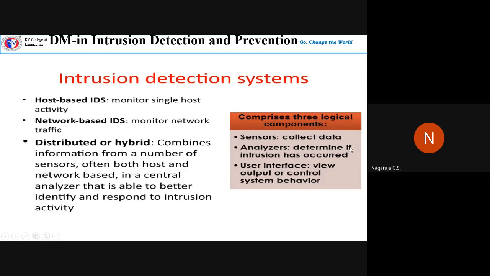Here you are running network monitoring tools to analyze whether any intrusion occurred or not. Then the user interface views output or controls system behavior as well. So you can easily understand if there are any issues relating to your output, as and when you are communicating from one device to another device, or from one network to another network. We call that interfacing.